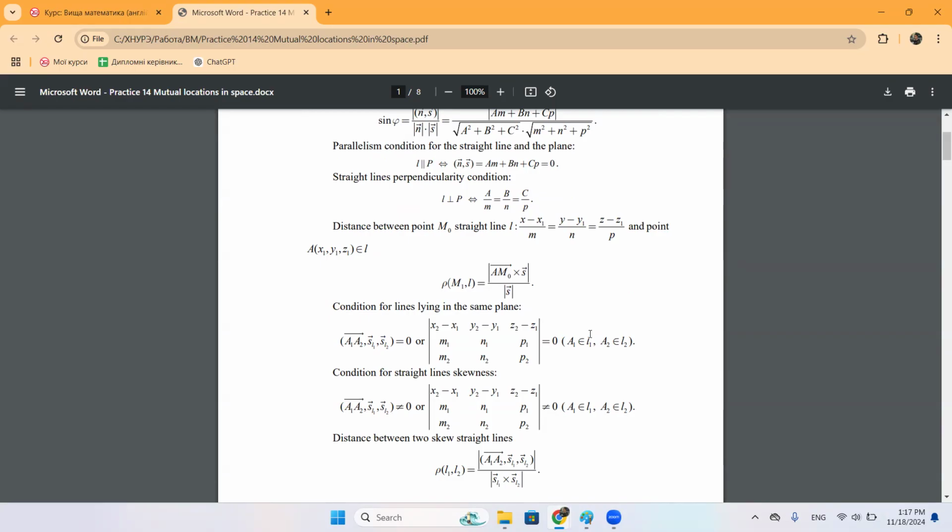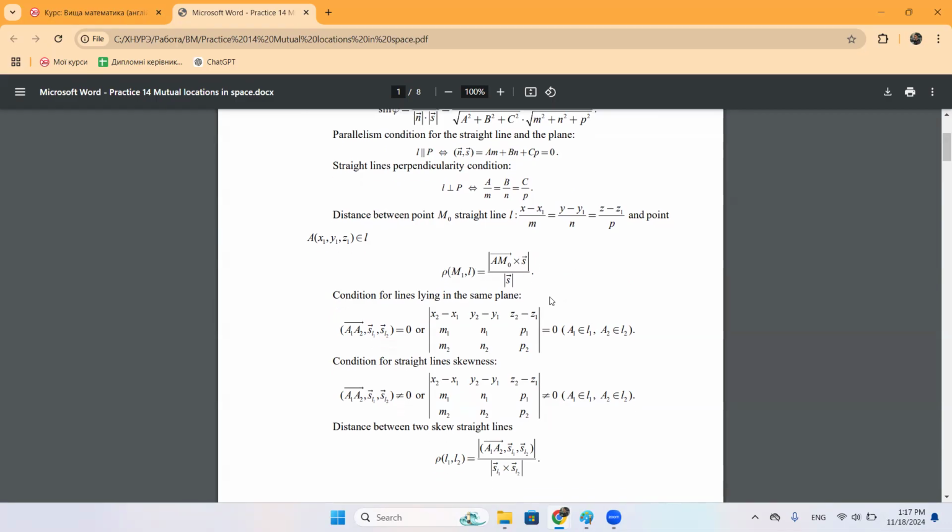We evaluate the magnitude of the cross product of vector AM by the direction vector of the straight line, divided by the magnitude of the direction vector.